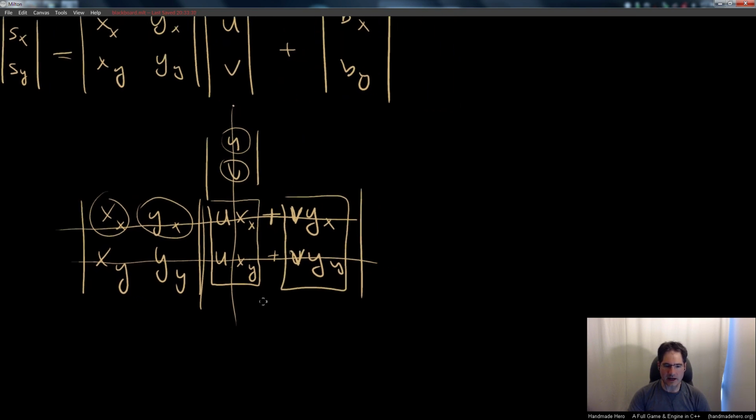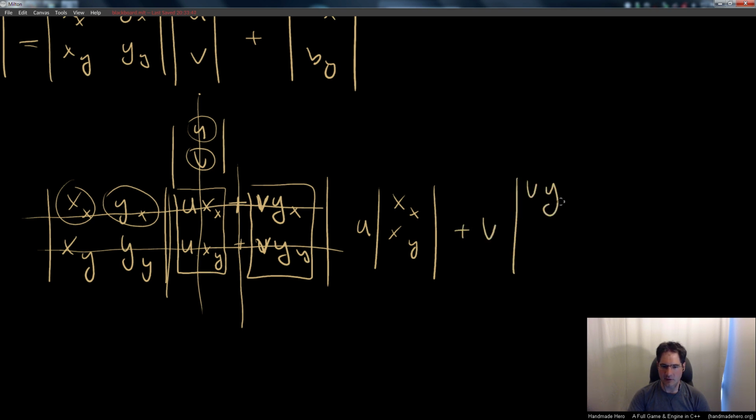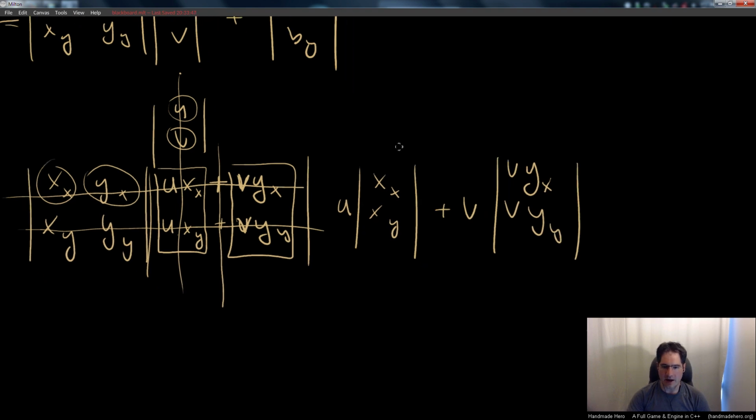I could rewrite this by just cleaving it at the plus line, and this is clearly u times xx, xy plus v times yx, yy. Okay? Now, what are these two? Yx, yy.